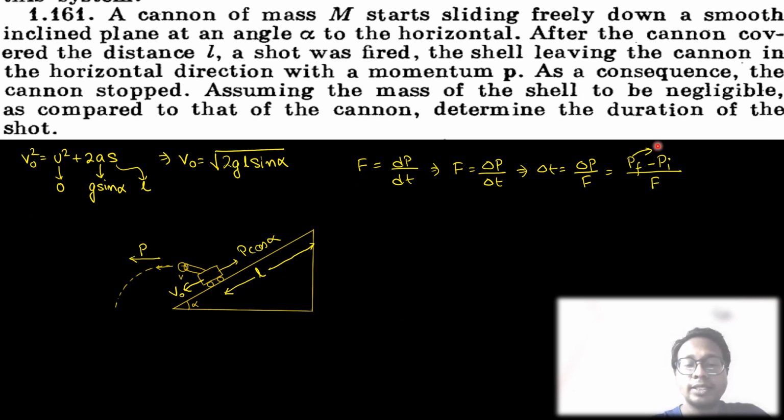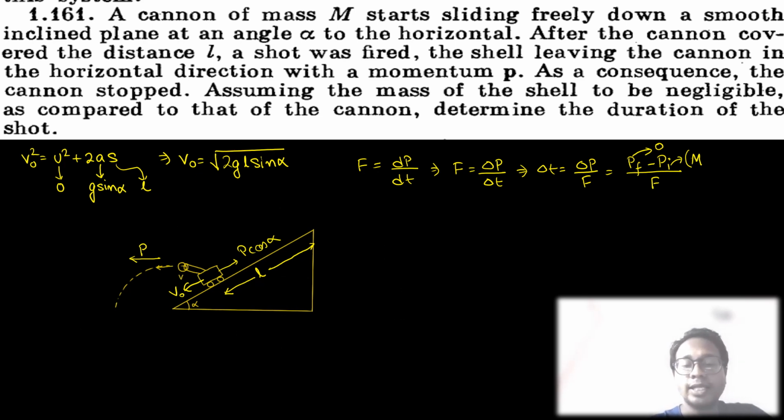So it is nothing but zero. Okay, what is the initial momentum? Initial momentum was nothing but this value minus this value, or initial momentum is m, mass of the cannon, into v naught. What is the value of v naught?